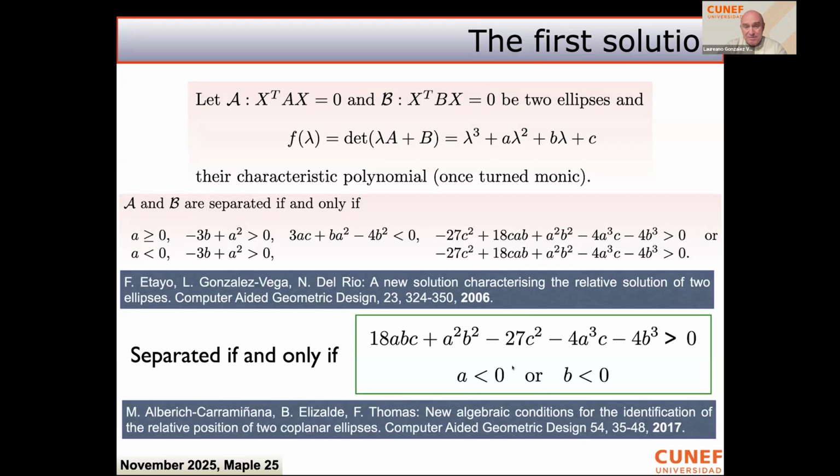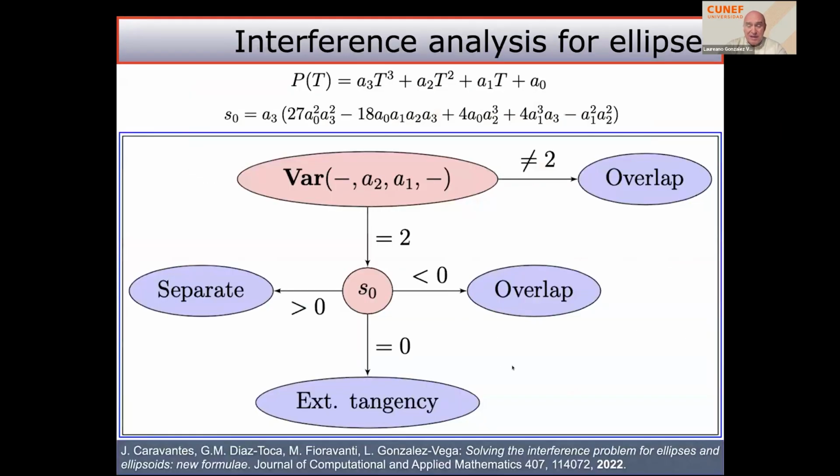And at the end, we get a scheme where we know the conditions, in this case, separate, overlap or external tangency, just involving polynomials in the coefficients of the two considered matrices.